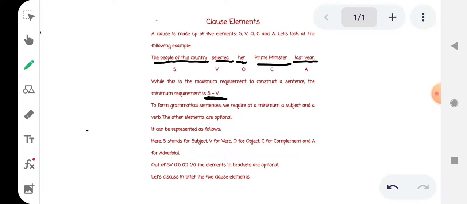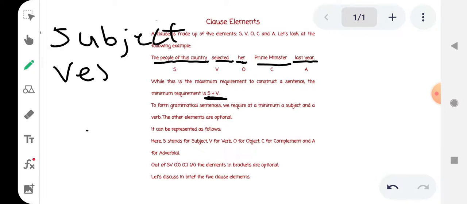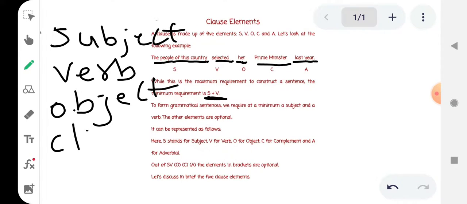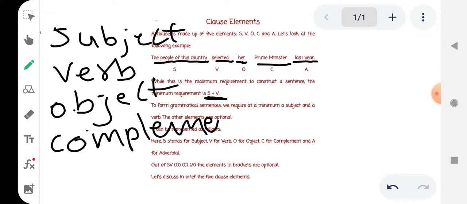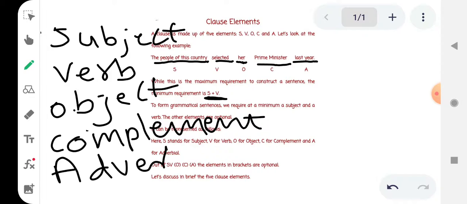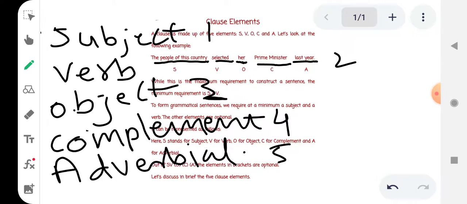Here, S stands for subject, V stands for verb, O stands for object, C stands for complement, and A stands for adverbial. So there are these 5 sentence elements.